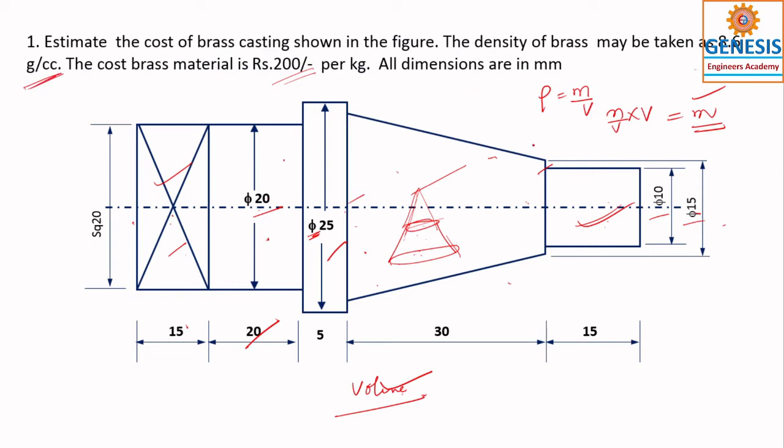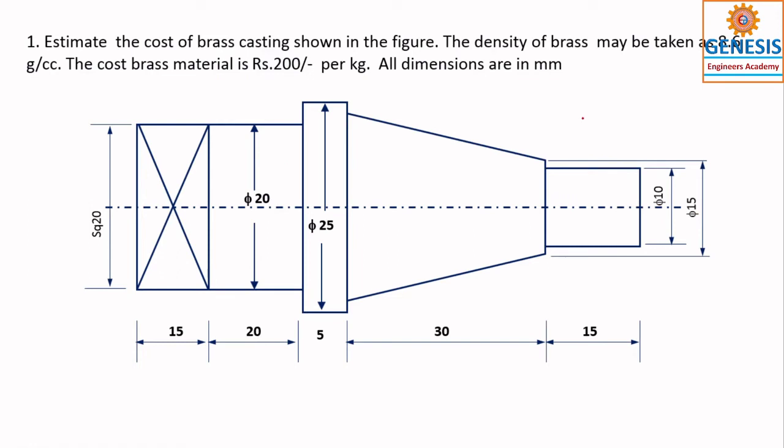That is also very important. Your answer may prove to be wrong when you are unable to convert this system of units. The density is in gram per cc, that means centimeter cube, but all the dimensions, if not mentioned, are in mm.